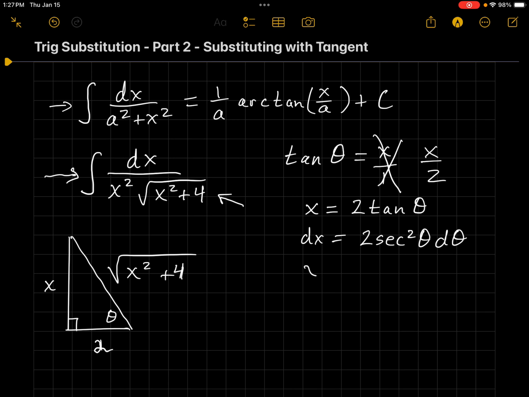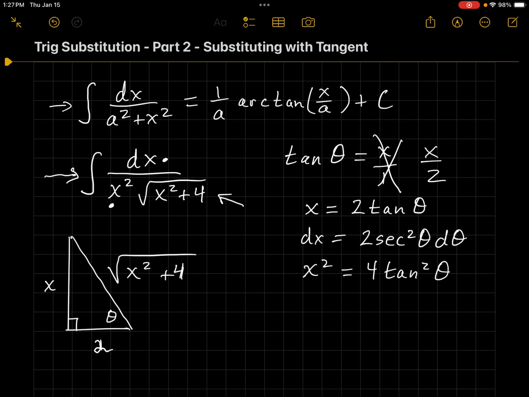It also means that x squared is 4 tangent squared theta, and I wanted an x squared because it's in my integrand. So I've taken care of the top, the dx, as well as the x squared.